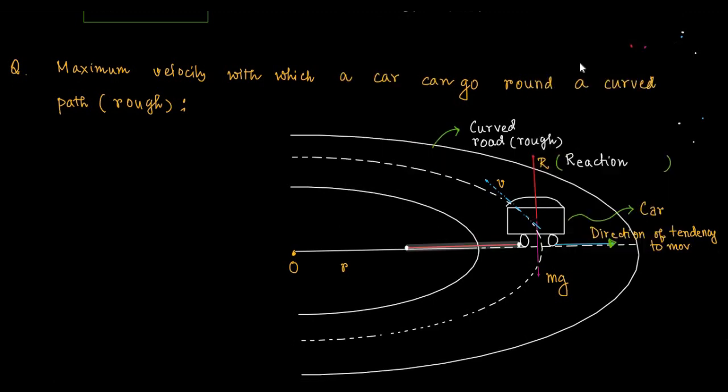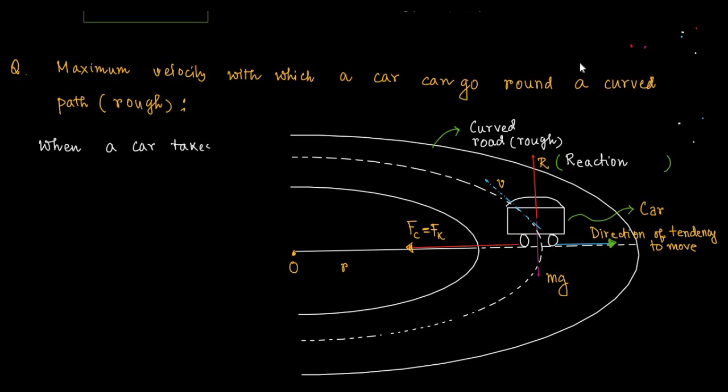As the car has a tendency to move radially outwards, kinetic friction Fk will act radially inwards, and in this case kinetic friction Fk will supply the necessary centripetal force Fc for the revolution of the car round the curved road.